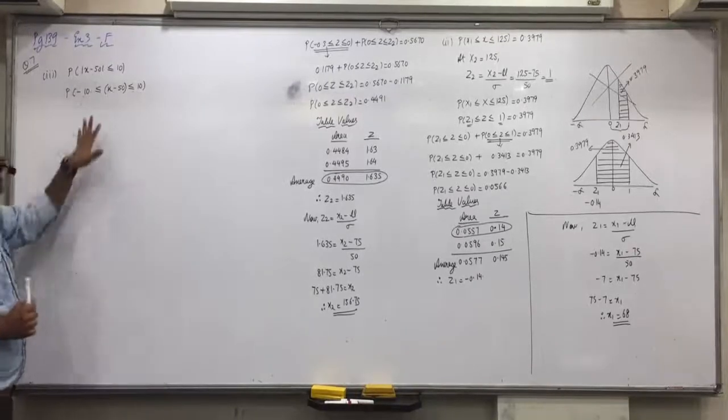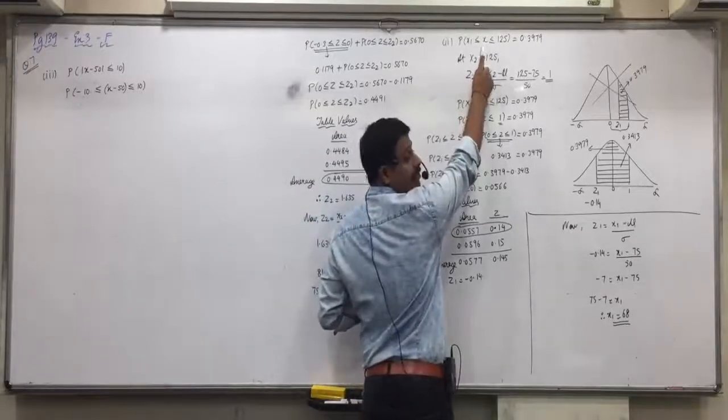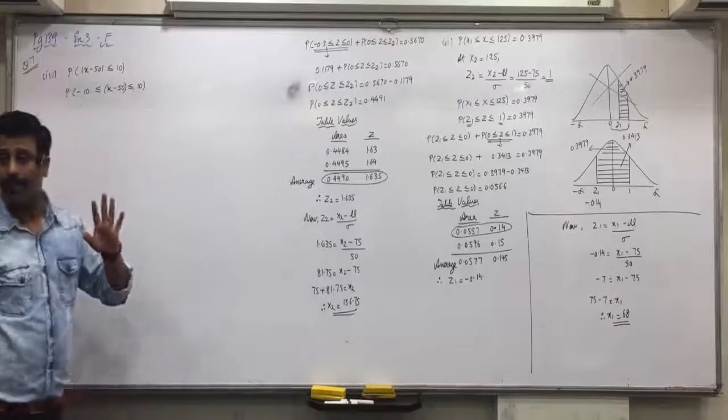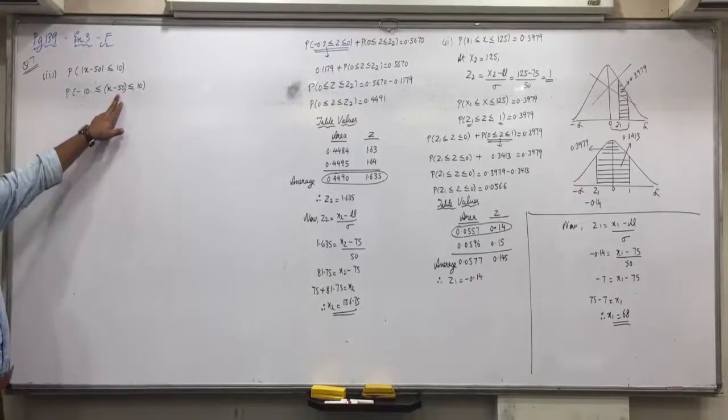Now, I need to convert it so that in between there is only x. If I want only x in between, then I need to cancel this minus 50. How do I cancel minus 50? By doing plus 50.